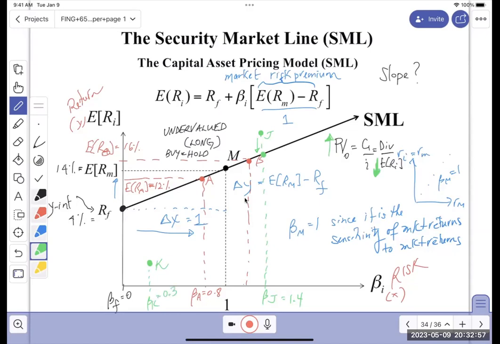So for this level of risk, investors are currently mixing. Investors who are prepared to take on that level of risk are mixing holding T-bills and the market risk premium to get this return. So anyone invested in K will do what?